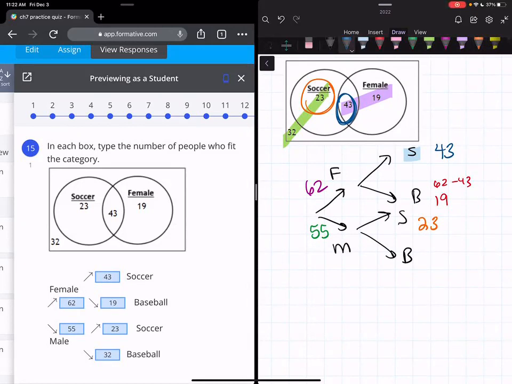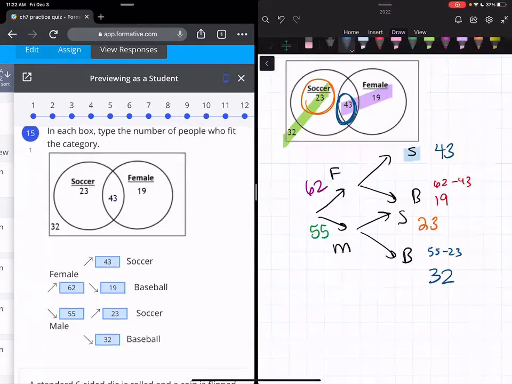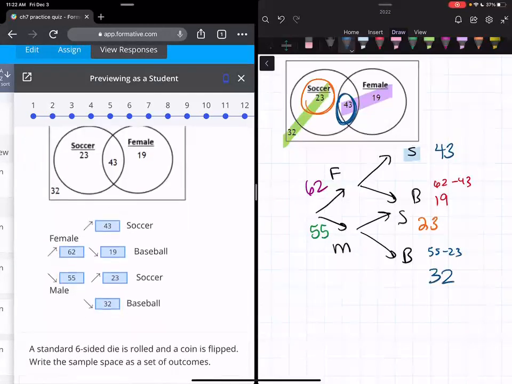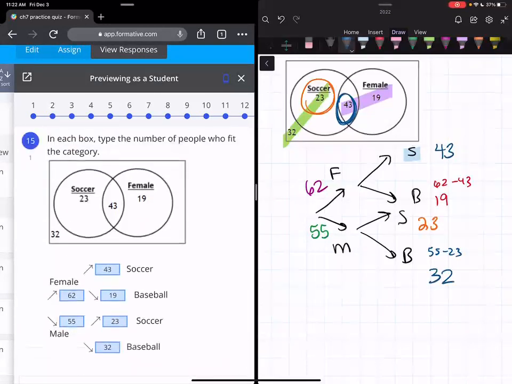And to finish out our leftover basketball players, 32 of them must play basketball. And that's the end of that question. Anything there we need to talk about? No? Fairly straightforward.